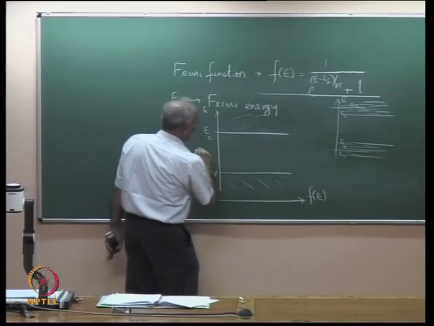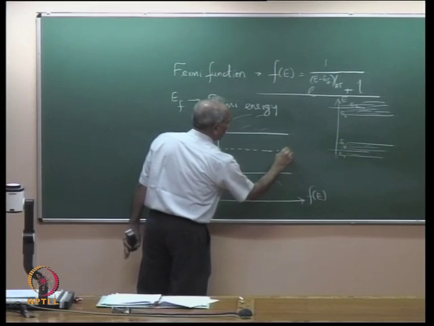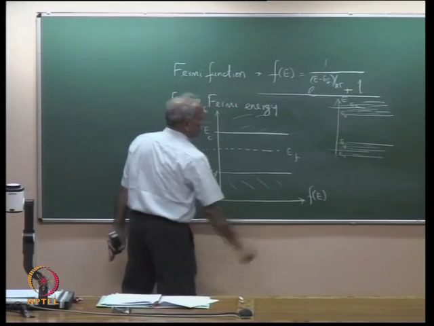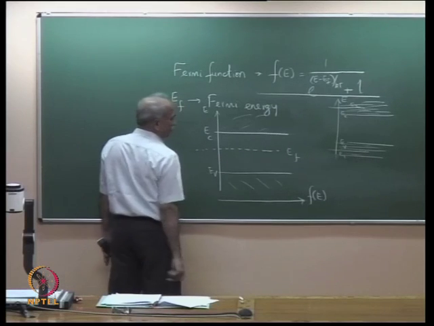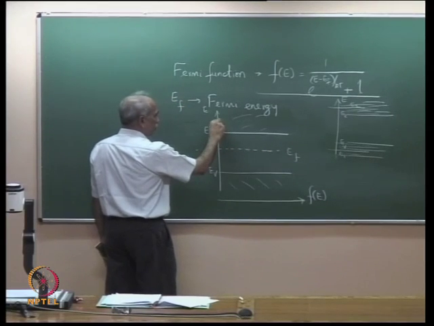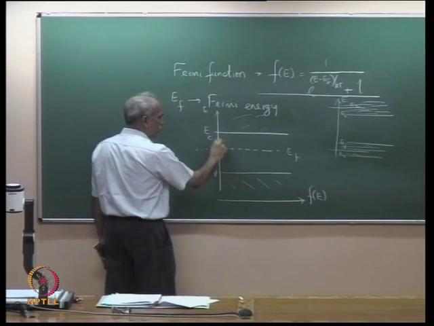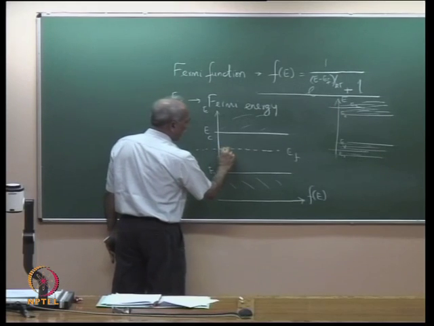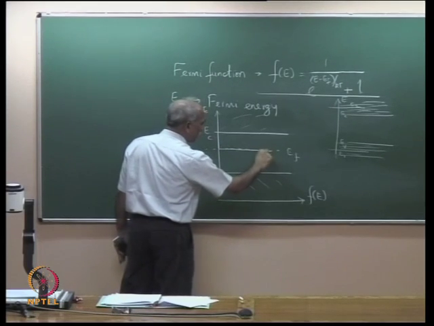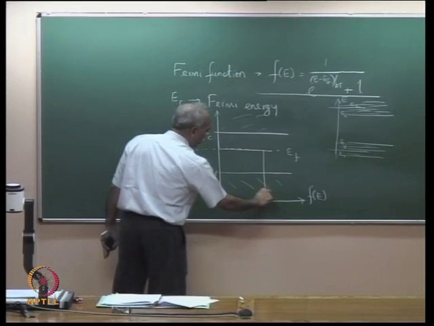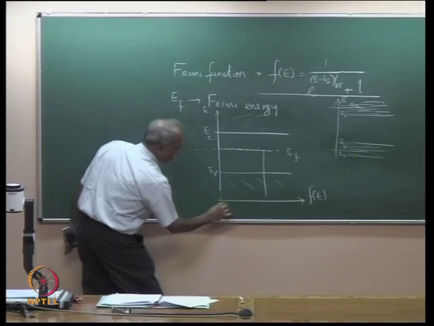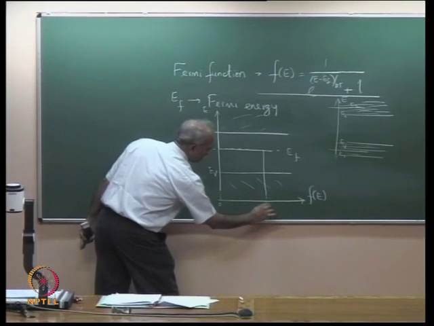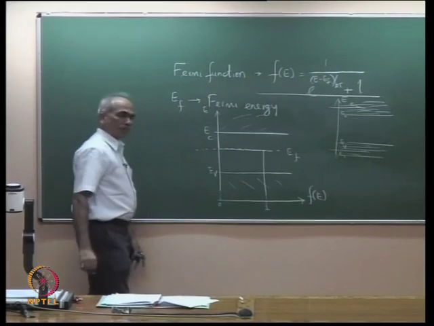And as you know, EF can be anywhere in the gap, say somewhere here. Then the probability of occupation is 1 up to EF, and for E greater than EF, the probability of occupation is 0. So in this axis, this is 0 and this is F of E equal to 1.